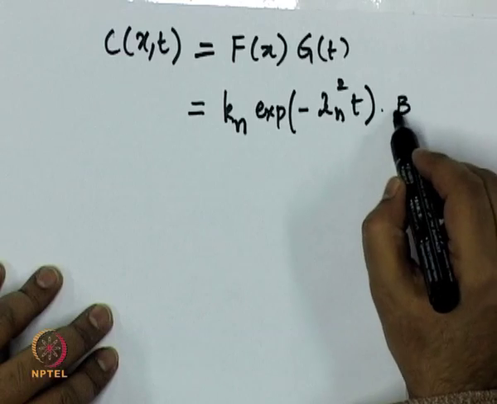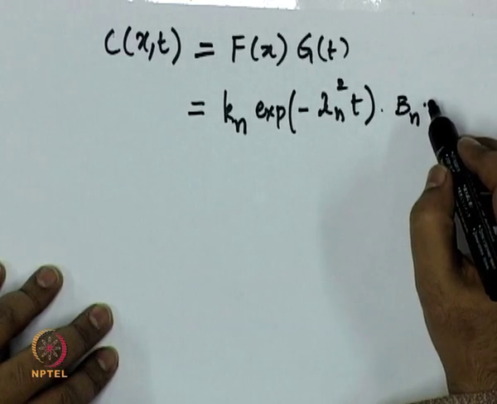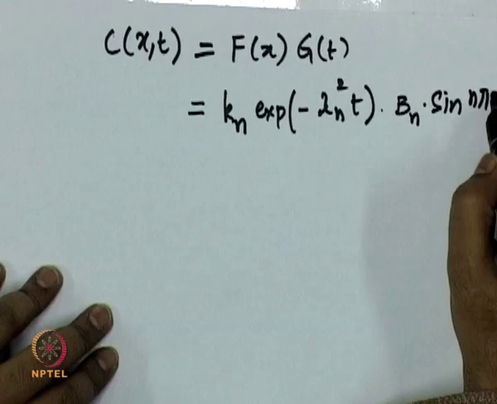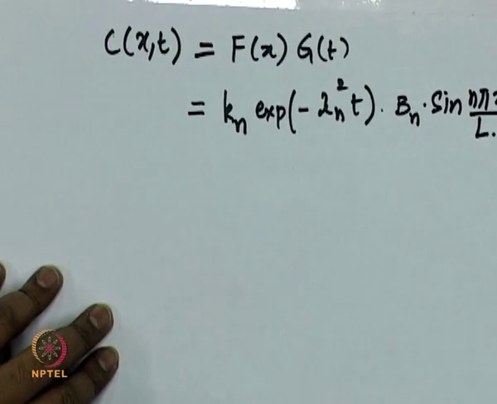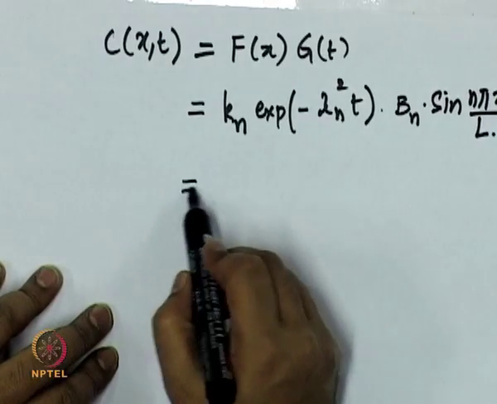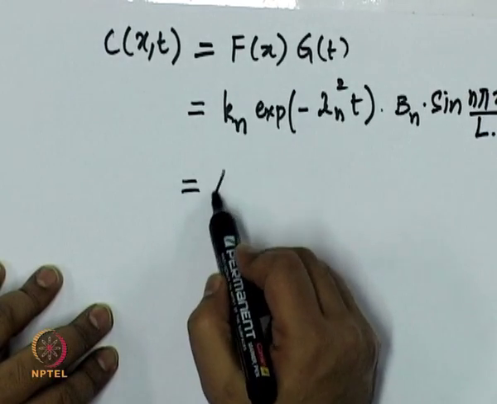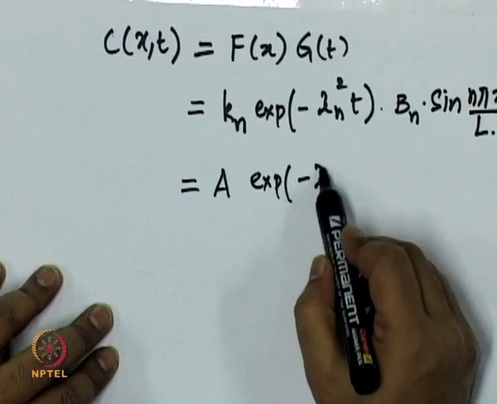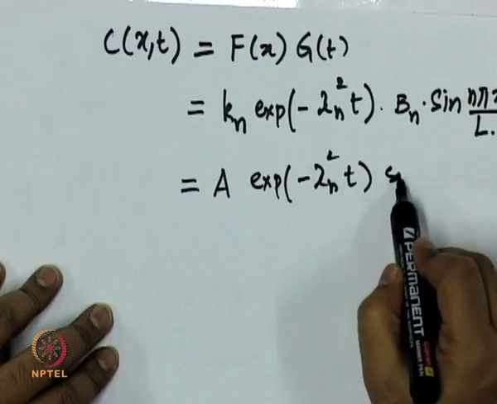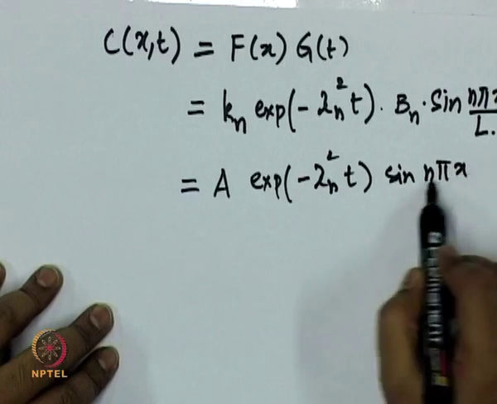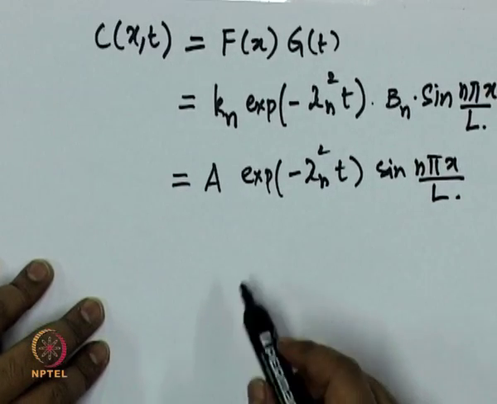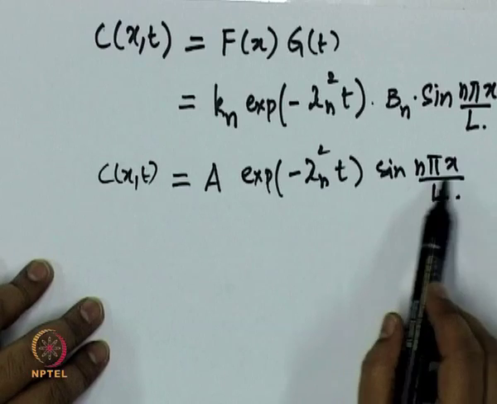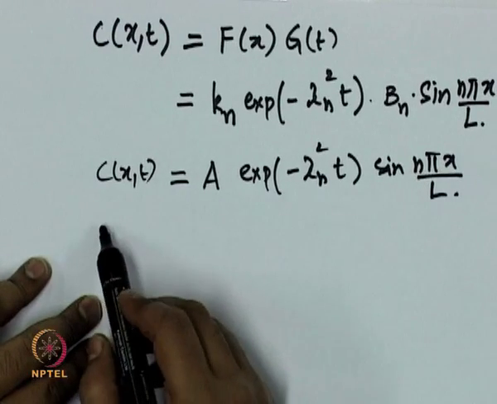That is some other constant b n times, we had the solution, sin n pi x by L. Let us merge all these constants. So, we have some constant, say a, times exponential minus lambda n squared t times sin n pi x by L. So, this is the solution, but the solution is different for each n.